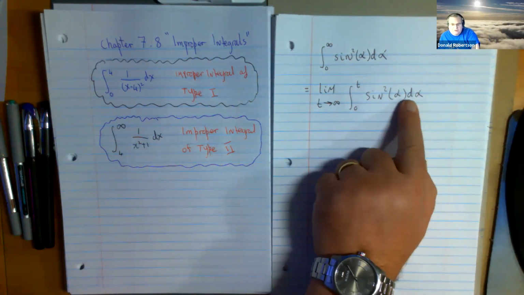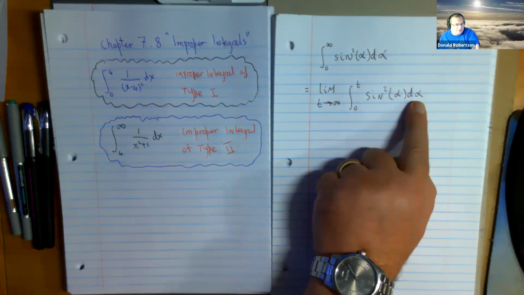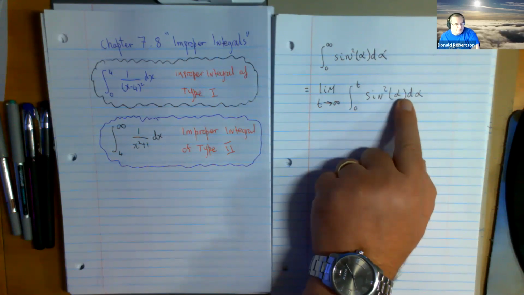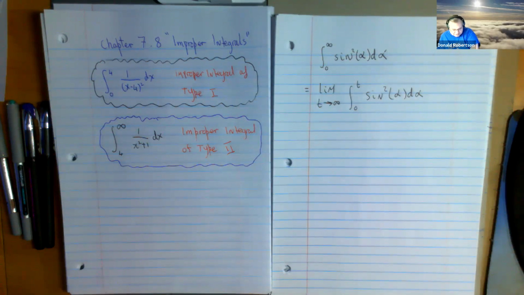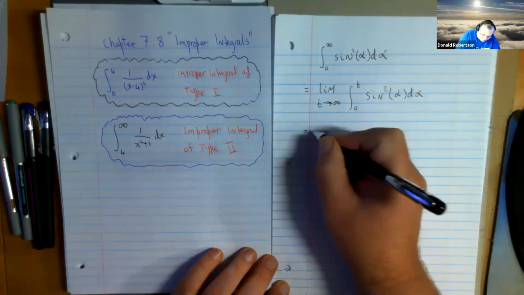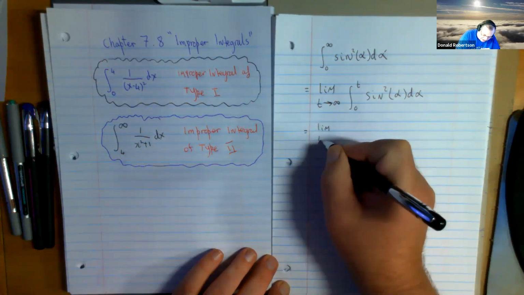These are basically dummy variables. Couldn't I call it sine squared x dx, sine squared any letter of the alphabet except t? Mathematically, it would be equivalent.